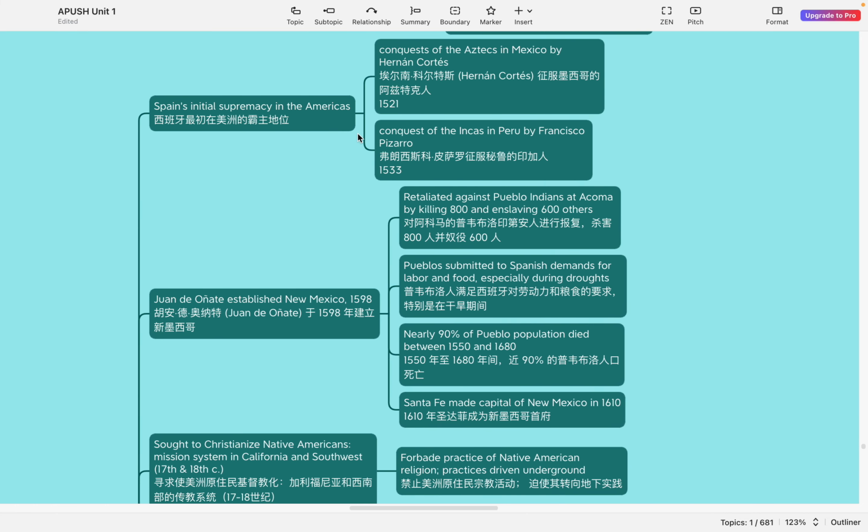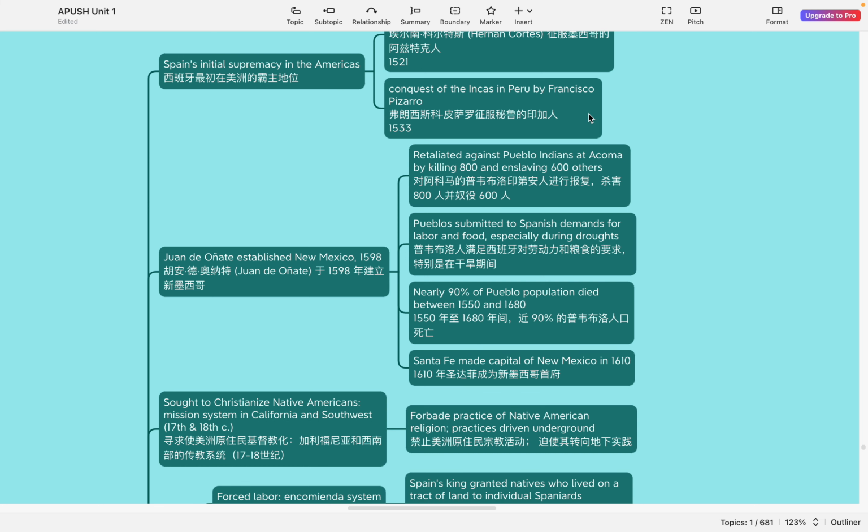The Spanish wasted no time in conquering the Aztec Empire in Central America and the Inca Empire in South America. Thanks to their superior military technology and devastating diseases, these mighty civilizations crumbled faster than a house of cards in a windstorm.